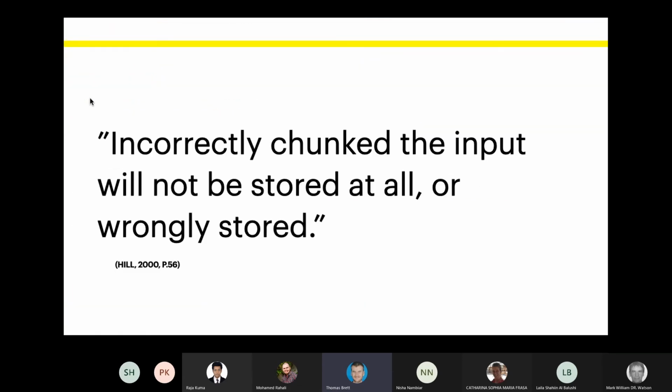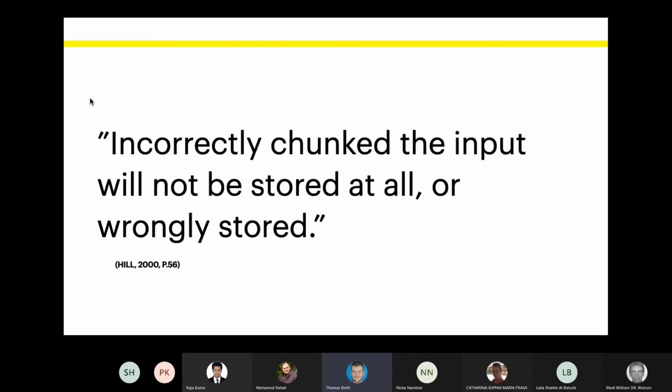And this is my main point. So if our functional language is incorrectly chunked, the input will not be stored at all, or will be incorrectly and wrongly stored.